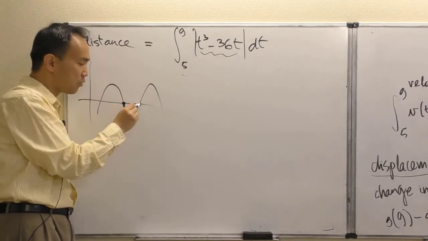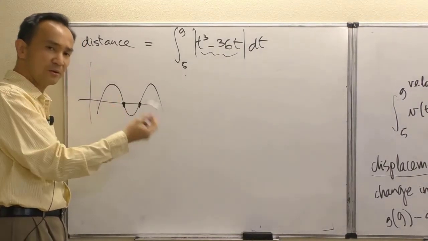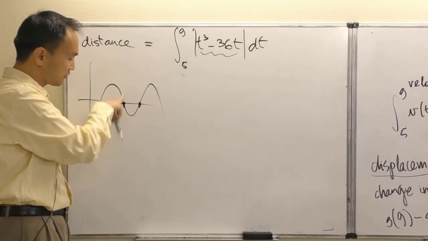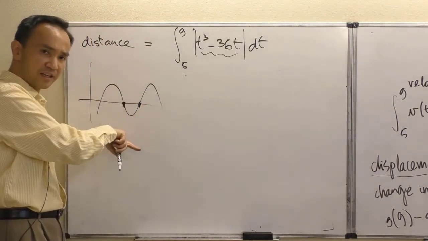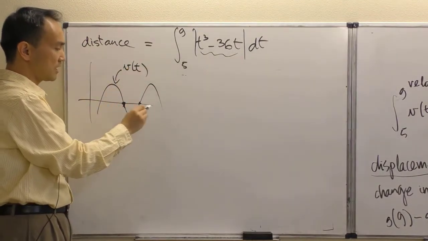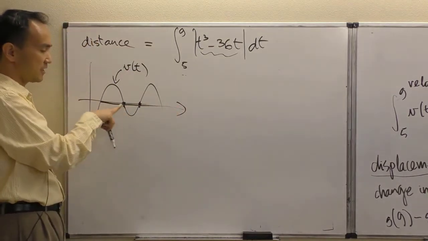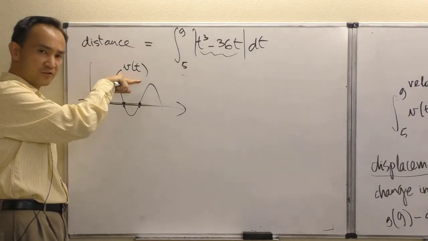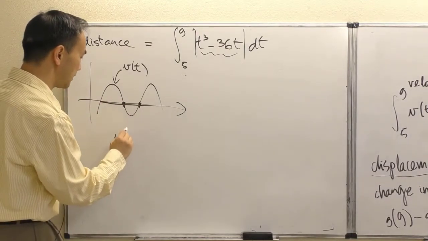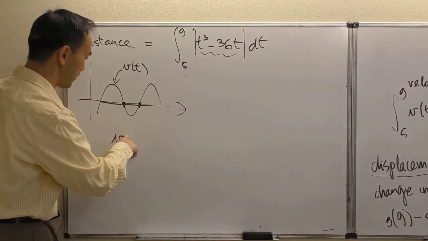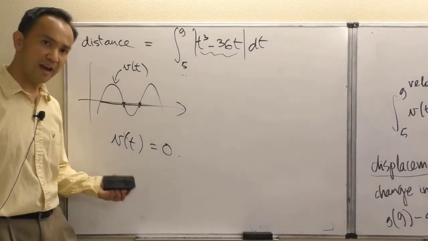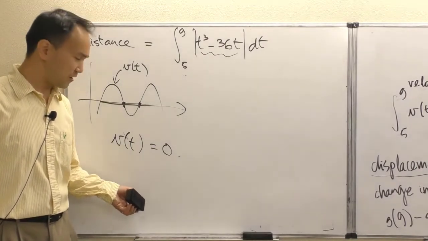We have to find which interval, or intervals, make our velocity function fall below the x-axis. And that involves setting v of t equal to 0. That's what we do, so we have to start out by doing that.